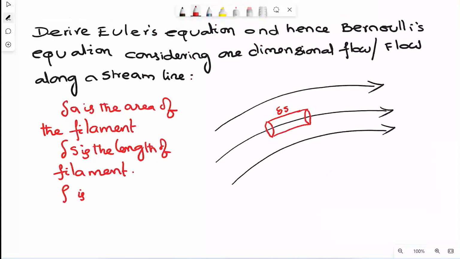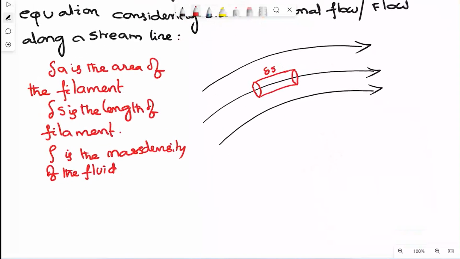Rho is the mass density of the fluid flowing. Now the flow is taking place along the streamline.